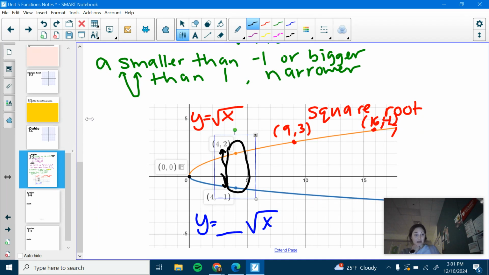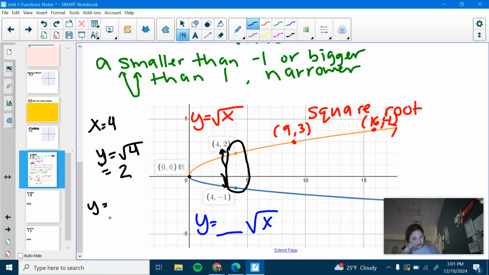So if my x value equals 4, in my parent function, y is equal to the square root of 4, which equals 2. But I want y is equal to something times the square root of 4. And we know in our answer we get -1, so we have some unknown times 2. Now what do I multiply times 2 to get -1?